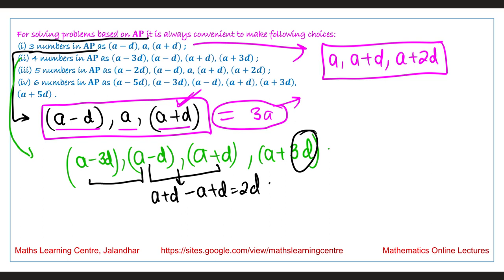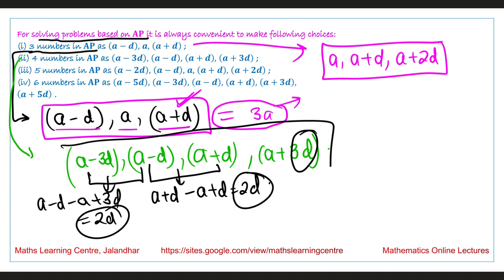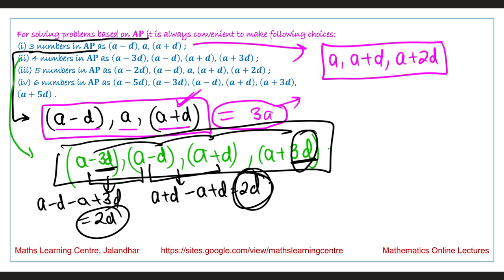So the common difference between the number before this, A minus 3D, and A minus D is also 2D. That is why we are assuming the numbers in this form, with 3D here and 3D here. It is not 2D, because the common difference here should be 2D.